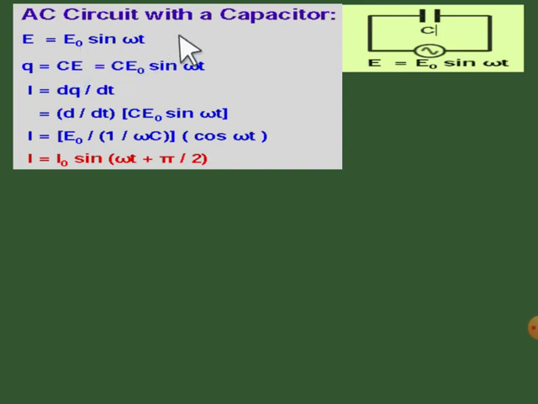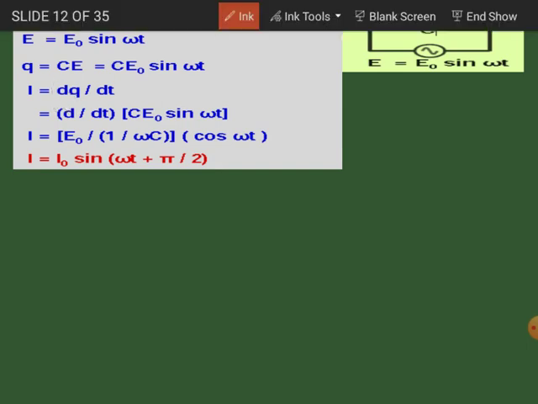Now in the case of a capacitor, we know that the charge Q stored on the plates of the capacitor is expressed as Q equal to CV. That means its capacitance times the potential difference across the two plates.